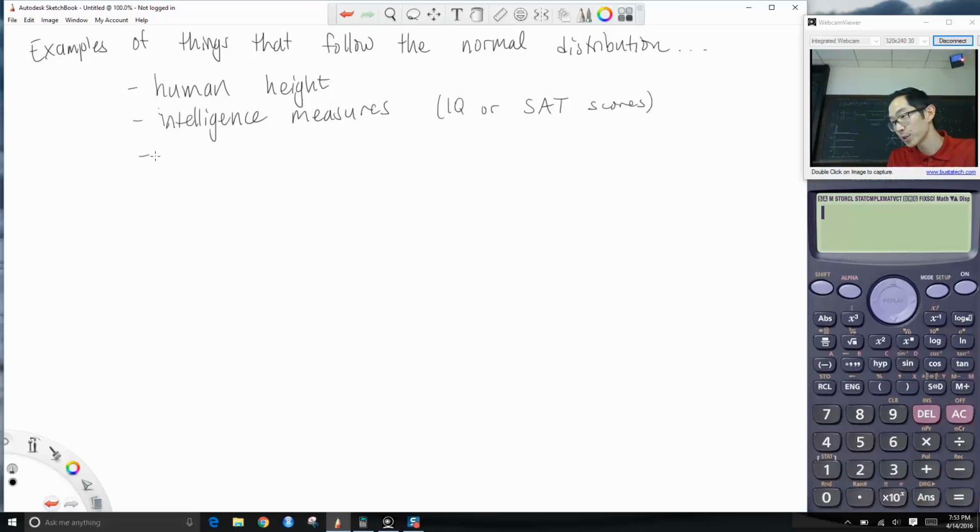A lot of things in medicine also do, such as the example the book has, serum cholesterol, so cholesterol levels in the general population.